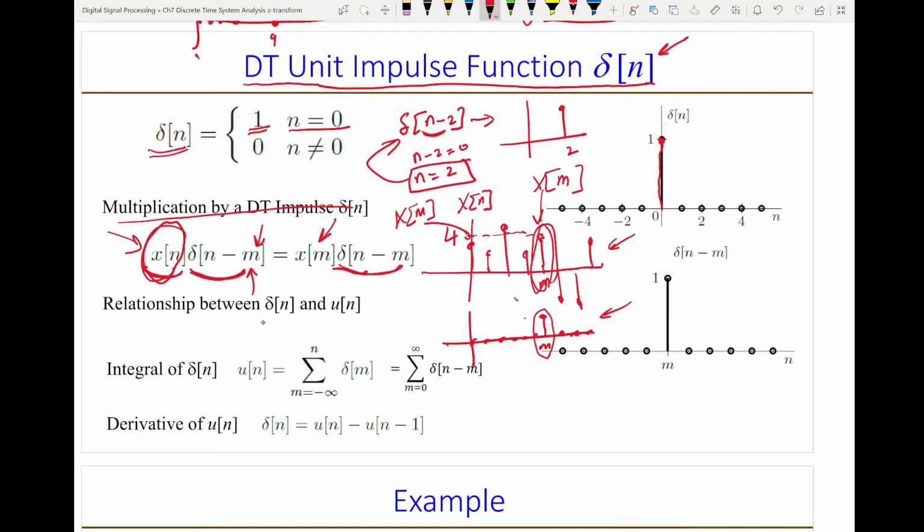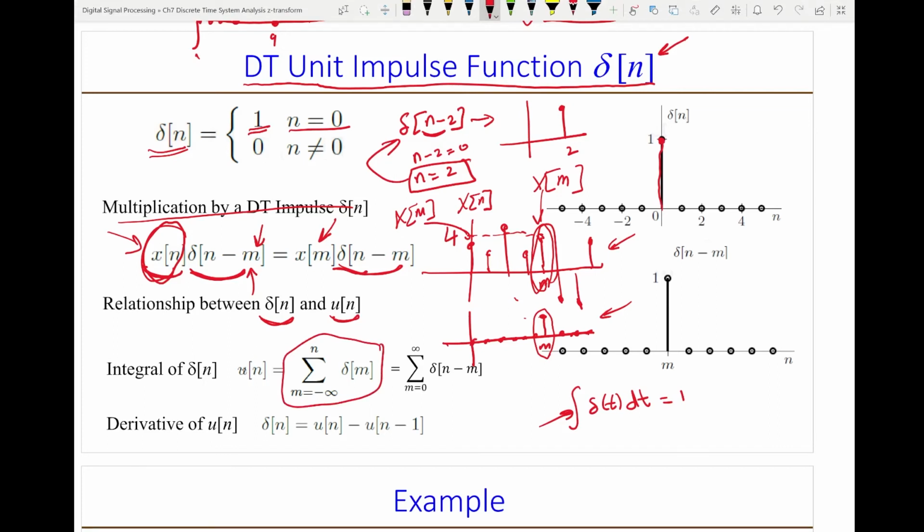Now there is a relationship between delta n and u of n. In the continuous case, the integral of delta t dt gives 1. Now in the discrete case, integration becomes a summation, and then I will have here delta m. Now to evaluate this summation, how do we evaluate it?